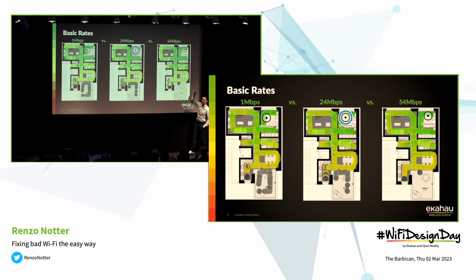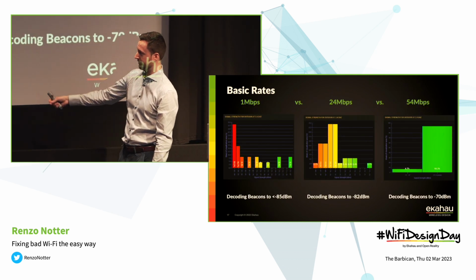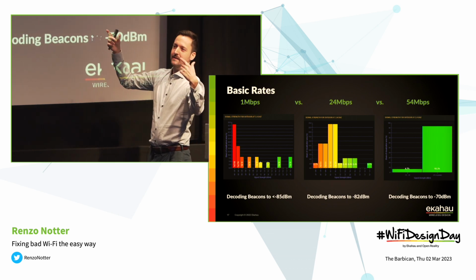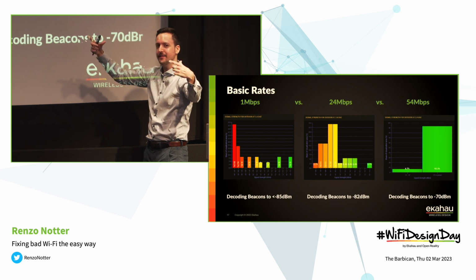And 54 megabits per second, again, this is just to play around with the results to give you a better visualization of what happens. I wasn't really able to decode the beacon frames anymore. And that's basically what happens. And that's what we mean by increasing the minimum basic rate will decrease the coverage area.